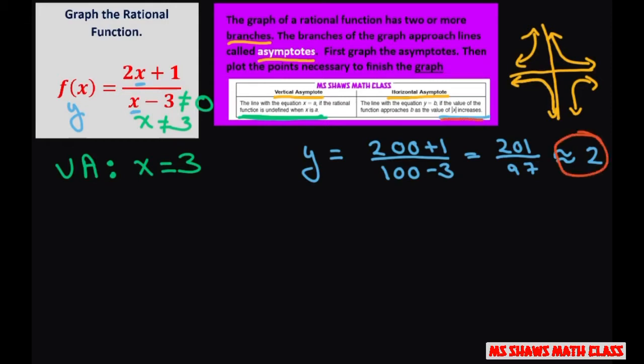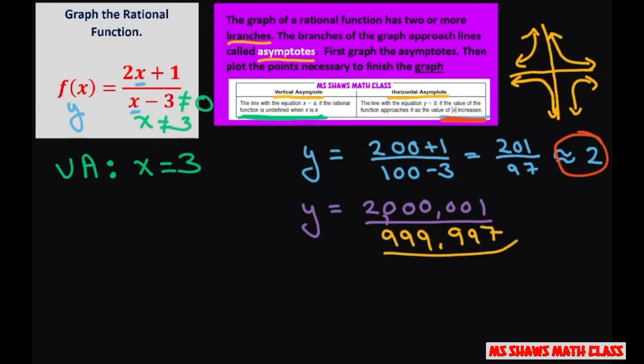Now they want as the value increases, so let me illustrate that. If you have bigger numbers, so I'm going to put 1 million in. So you get 2 million and 1, and then this would be 1 million minus 3, which is 999,997.